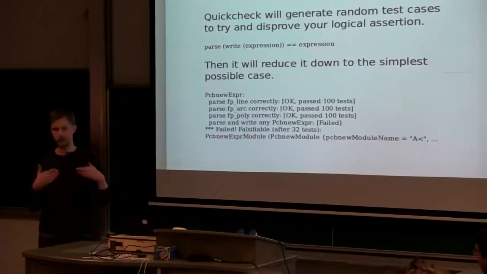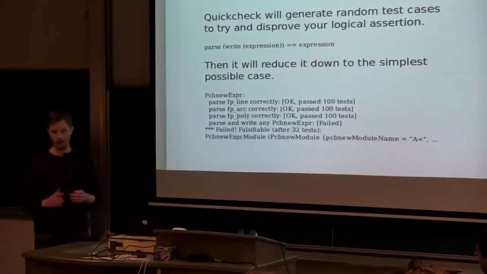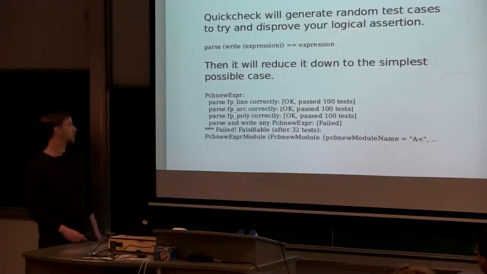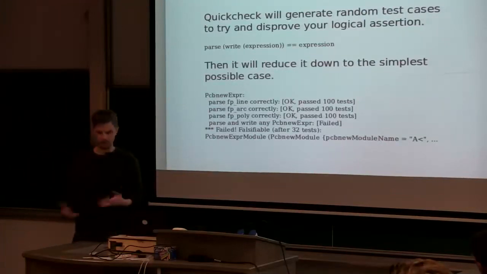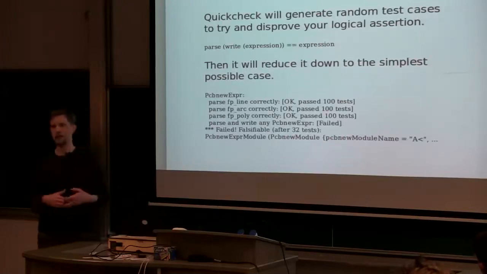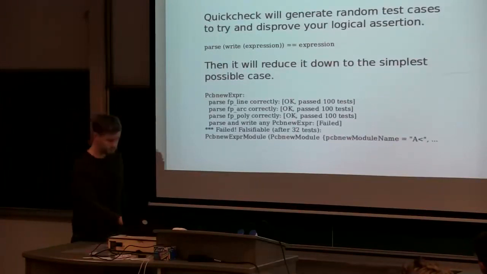If you say something is true about your program, it will throw randomly generated data at it, by default 100 times, but you can tell it to do thousands, to try and disprove your property. For the parser and the writer, because they're symmetrical, the property is that if I write out my KiCad expression and parse it again, I should have the same expression. So I do that with this tool as well.